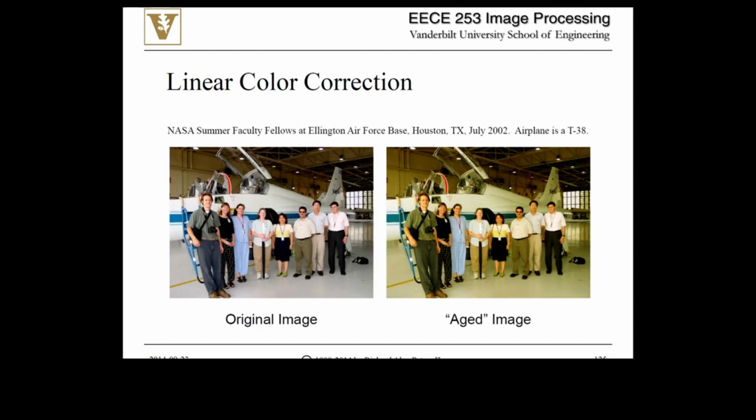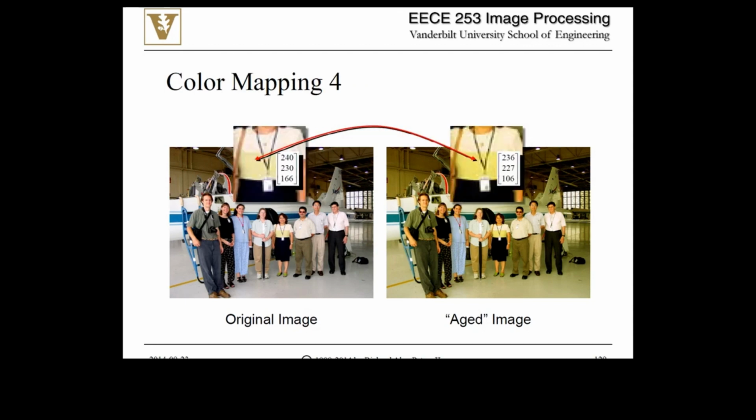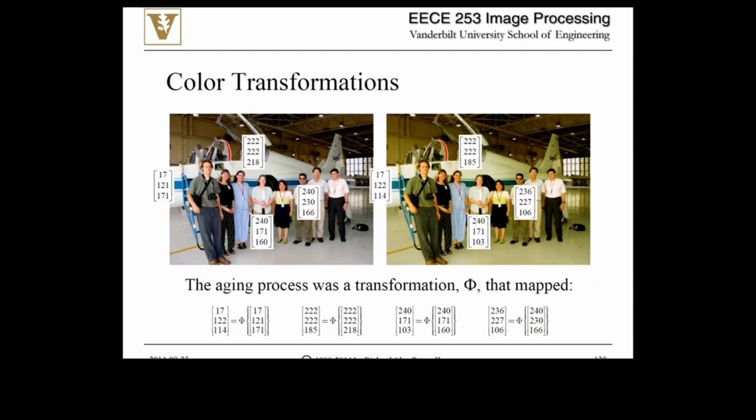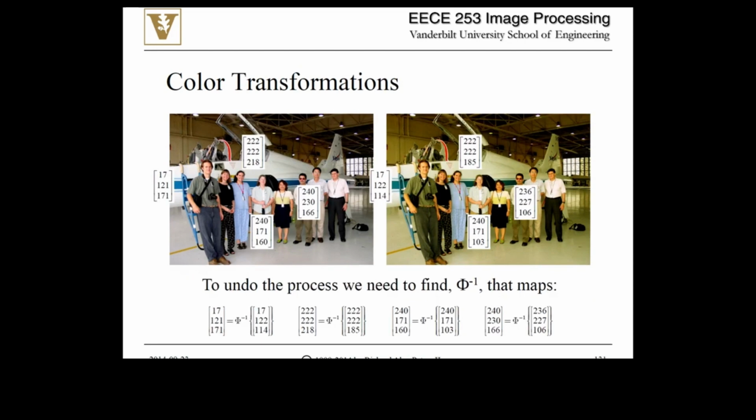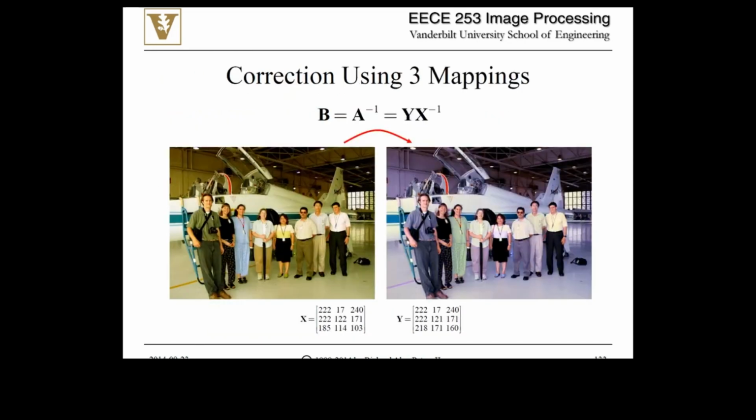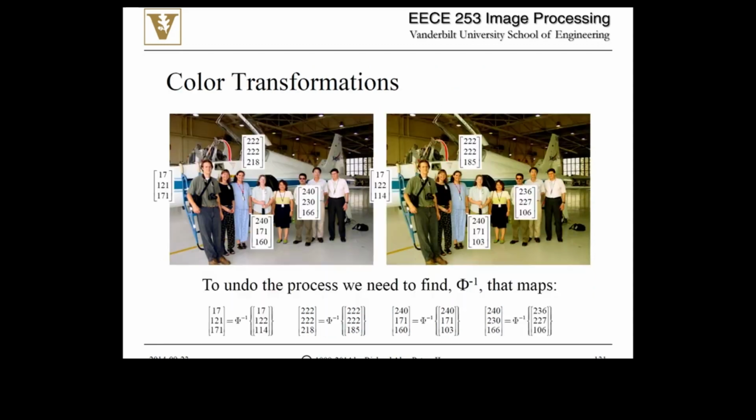This is MATLAB code for that. Let's say that we have this problem of an image, and we want to find correspondences. We already know the correspondences, and then we find the A. Let's do it with only 3 colors.